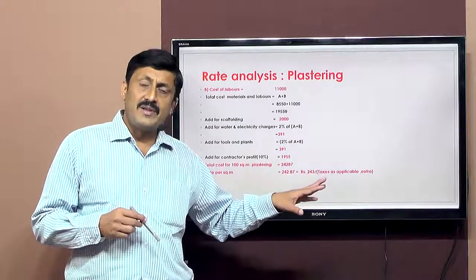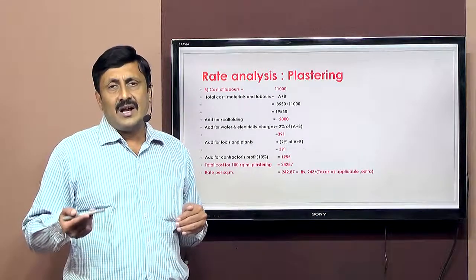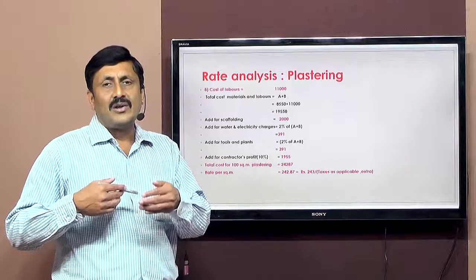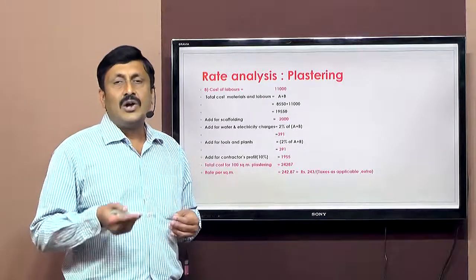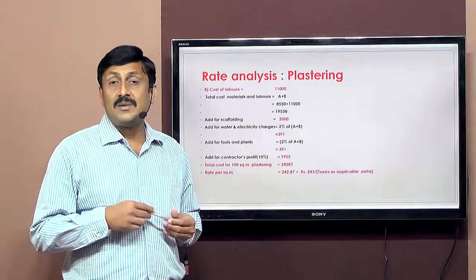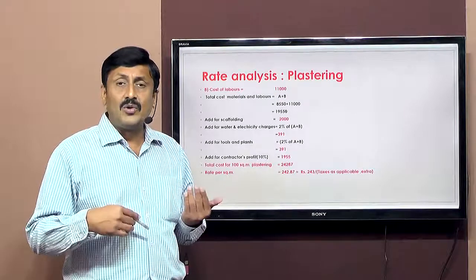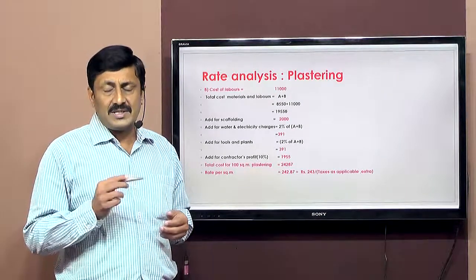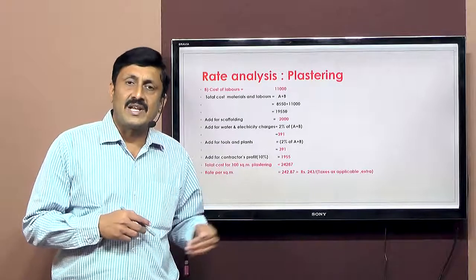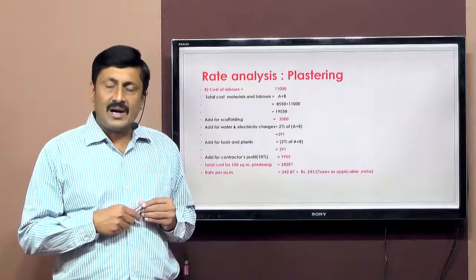243 per square meter is the rate of plastering, but when you are working on a professional, commercial platform, do not forget to add some other miscellaneous charges which you have to calculate, or you will come to know when you have proper experience of this construction work. At the same time, taxes which are applicable, for example GST, are to be added.